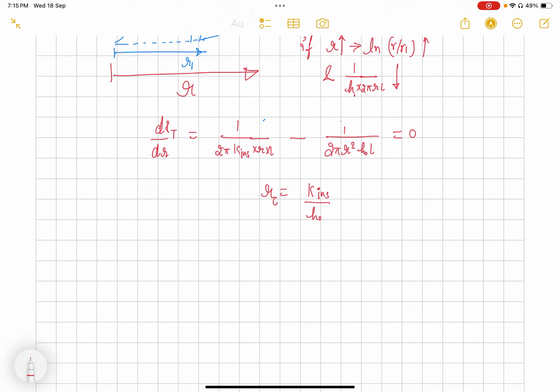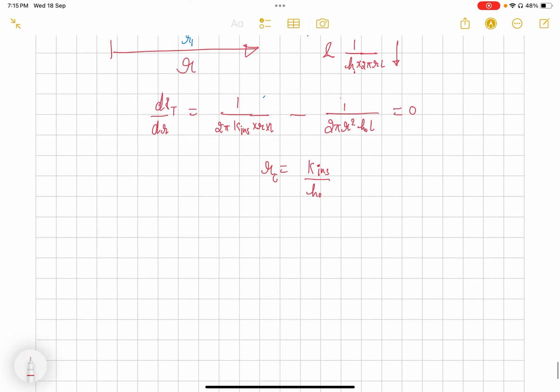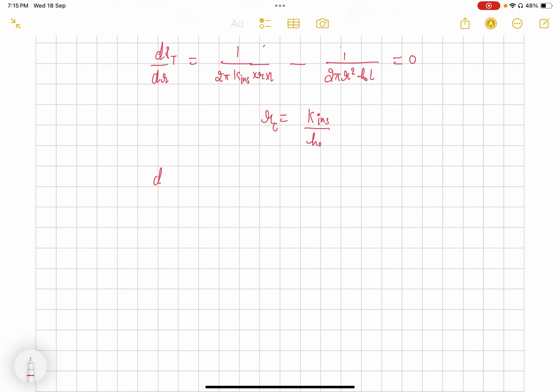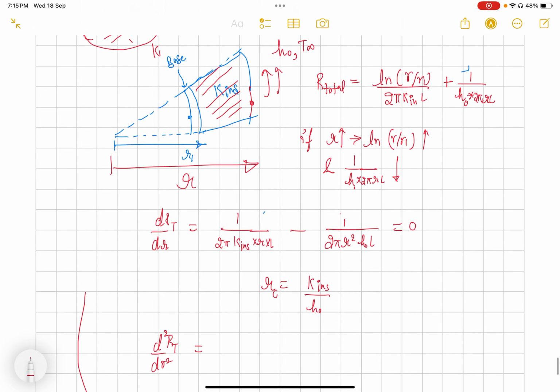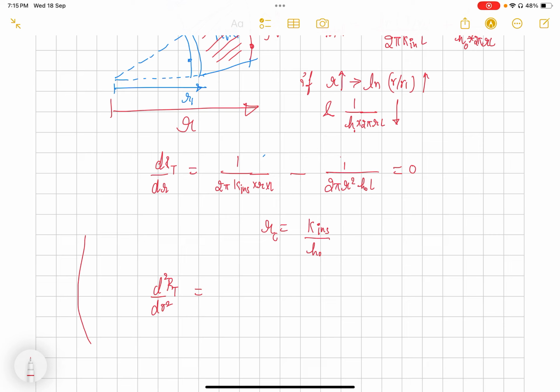So the critical radius depends on the insulating material property as well as the convection coefficient. Whether total resistance is minimum or maximum at this radius, we don't know. So to find that, we can differentiate again, as we know from school level mathematics. If it is positive, then at RC the total resistance is minimum. If it is negative, then at the critical radius the total resistance is maximum.